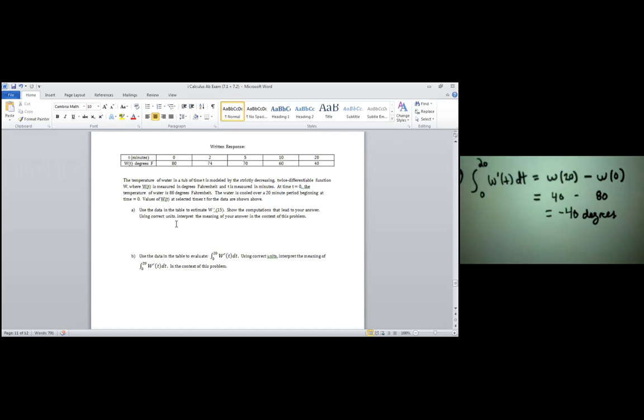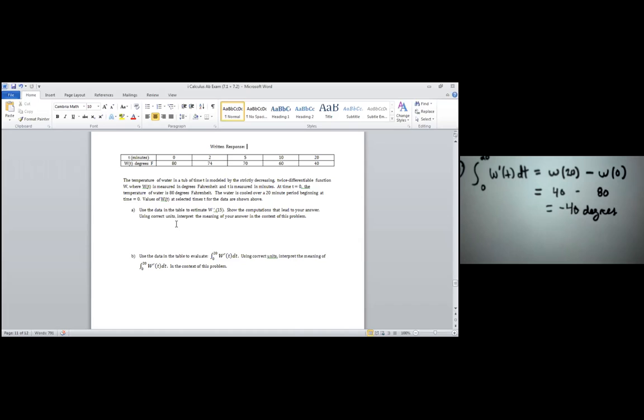Okay. All right, using correct units, interpret the meaning of that. So what is the meaning of that? What is that 40 minus 80? It's how much the whole thing's heated up, right? Not heated up, but, well, since it's negative, you would say heated up because you wouldn't say it's cool negative 40.